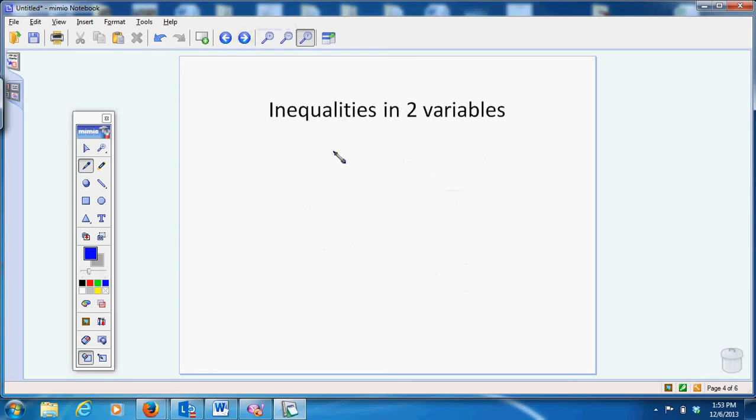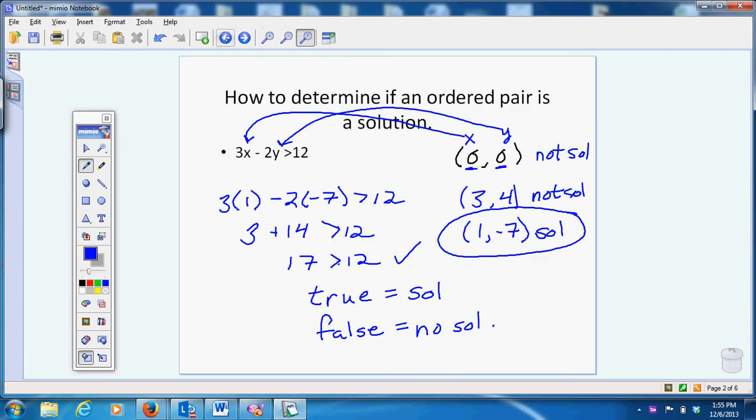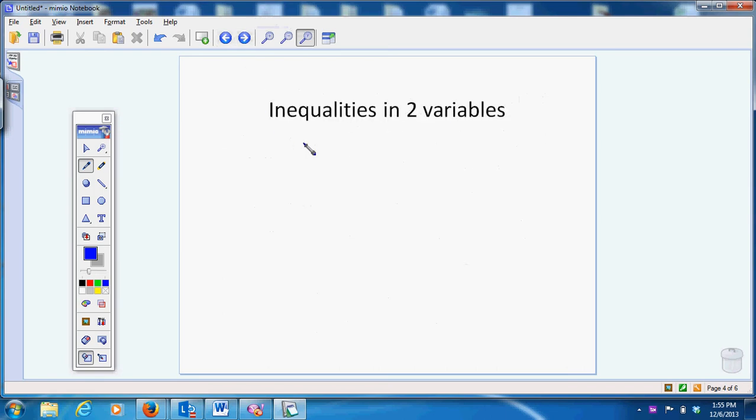When we're graphing inequalities in two variables, first of all, we're going to have a line. The one on the previous page was 3x minus 2y is greater than 12. Another example might be simply y is greater than or equal to 2x minus 1.